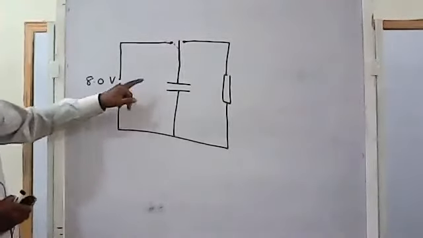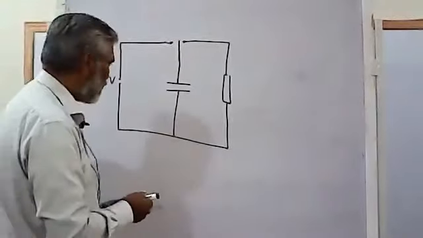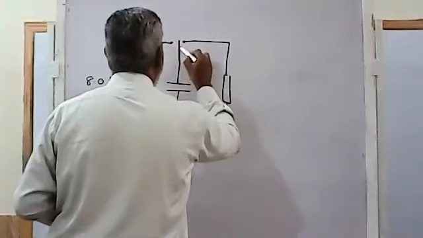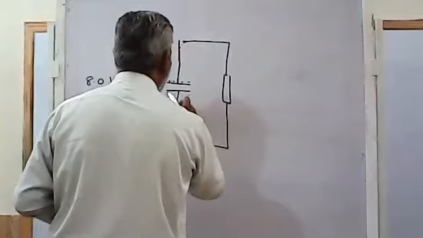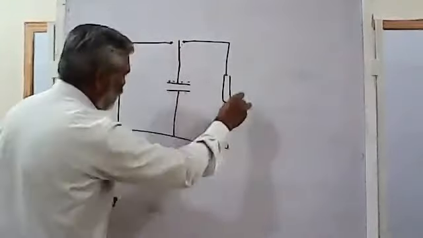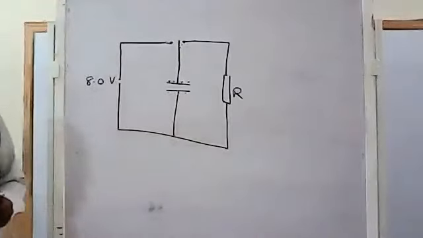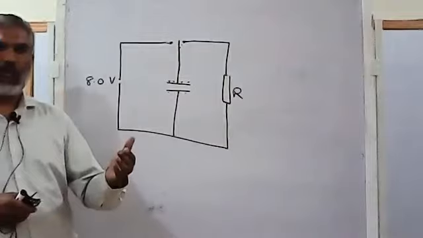But as soon as you disconnect this side, when it is fully charged, you connect it to this side. This capacitor, which is charged, will now discharge through this resistance R. So charging and discharging can take place on choice.